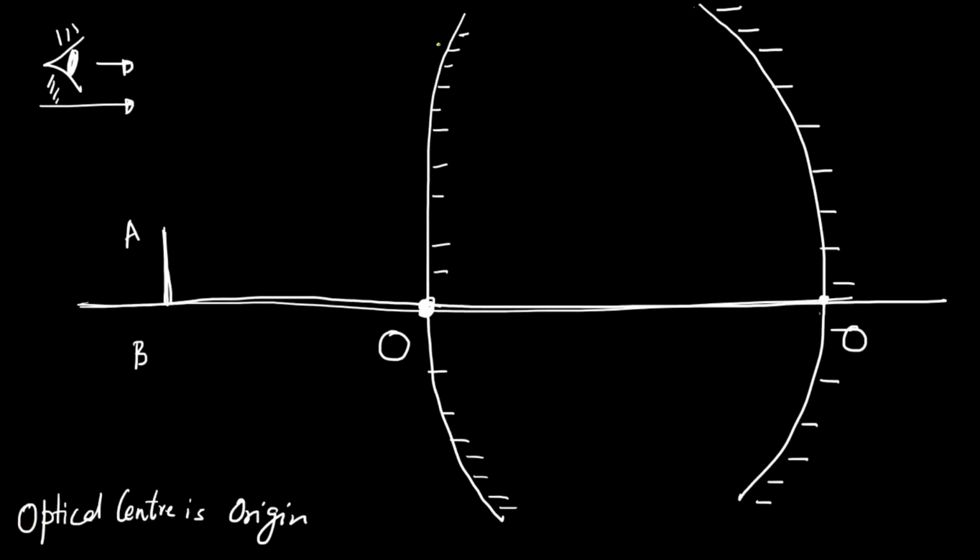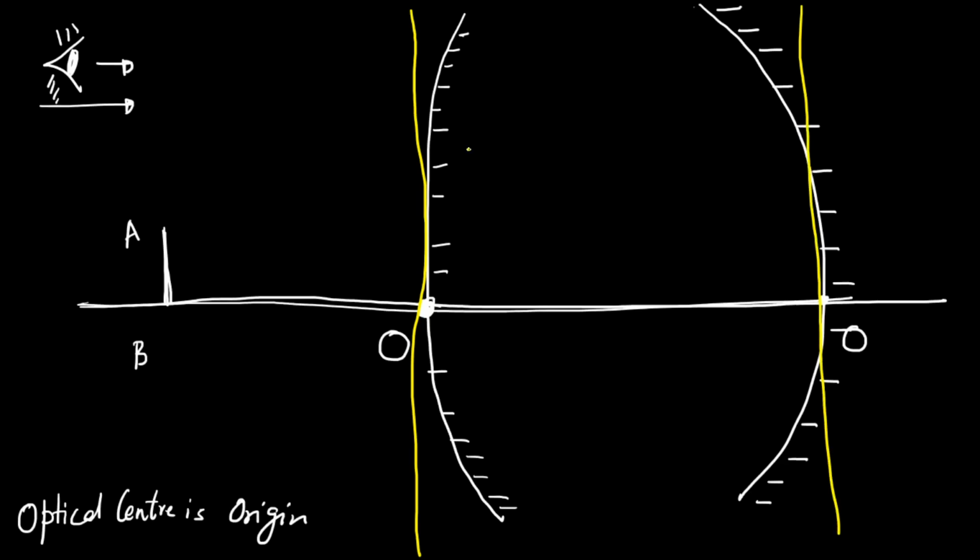The moment you draw the coordinate system, things are going to be very clear: first, everything is going to be measured from the origin, which is our usual practice. So all measurements are from the origin.